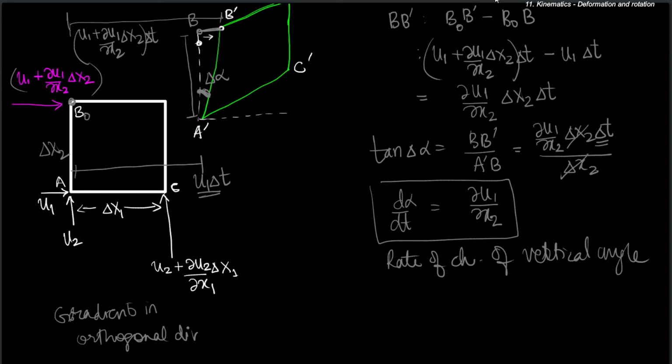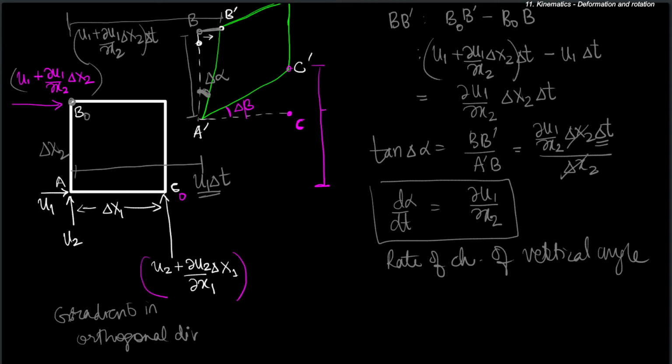Okay, let us now look at this particular angle. Let me call this angle delta beta. This original point let me call C, and let me call this C original. Okay, so this distance is the distance traveled by C original to C, and that is because of this particular velocity.